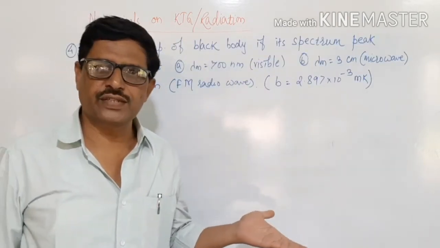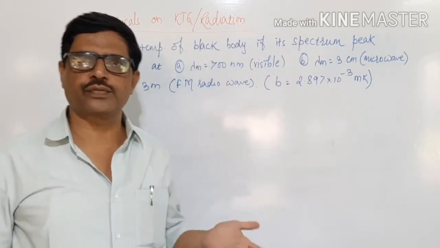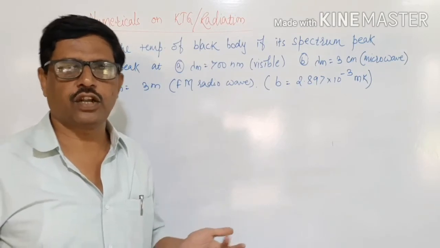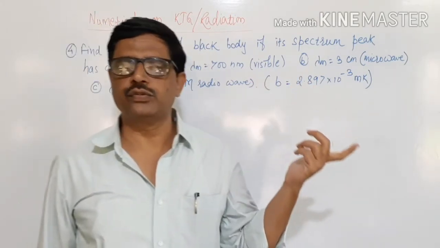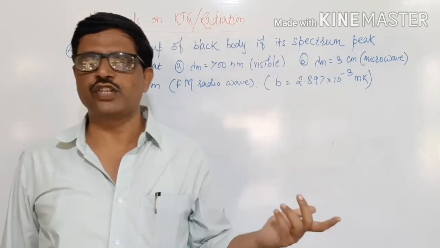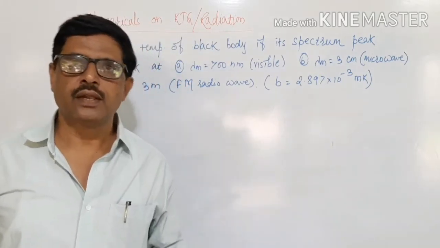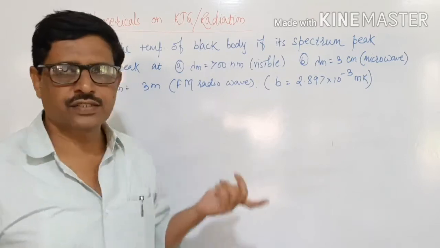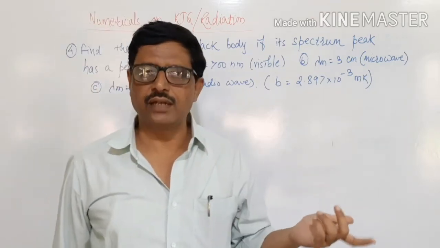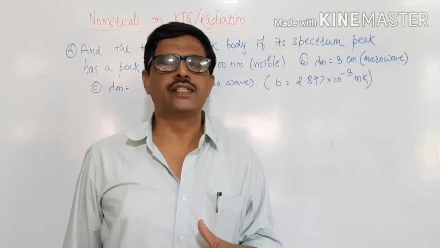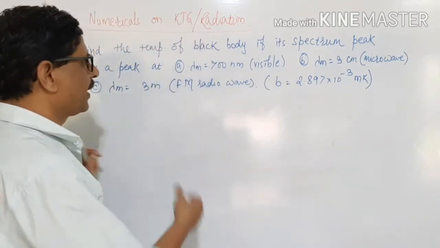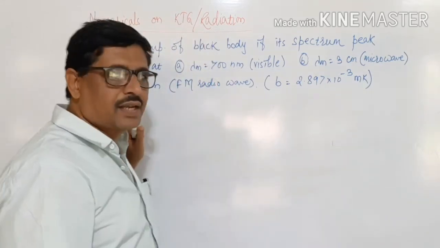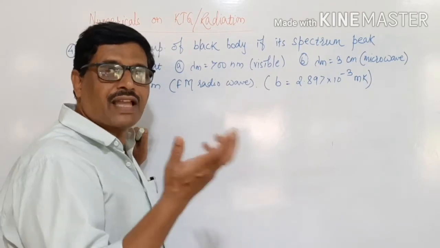We will solve this one and it is based on Wien's displacement law. It's very simple. The peak value of emissive power is possible at a certain wavelength, lambda m, and this lambda m is inversely proportional to the absolute temperature. This is the formula and here we have been given the peak values of the wavelength.